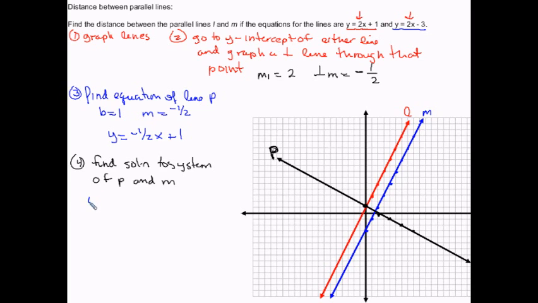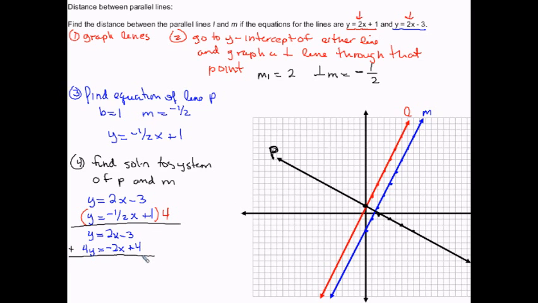I have y is equal to 2x minus 3, and y is equal to negative 1/2 x plus 1. Now, none of my coefficients will already cancel, but I can turn this negative 1/2 into a negative 2 if I multiply this whole equation by 4. And so I'll have y is equal to 2x minus 3, and 4y is equal to negative 2x, because 4 times negative 1/2 is negative 2, plus 4.